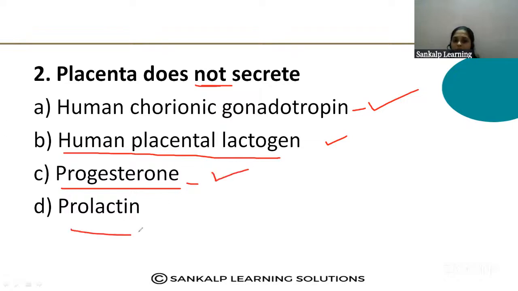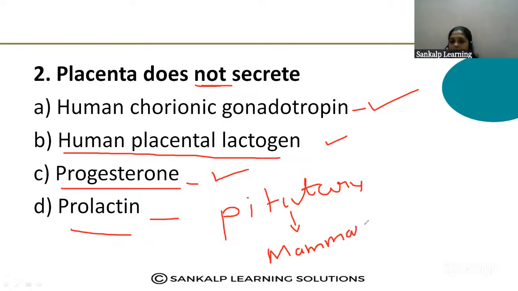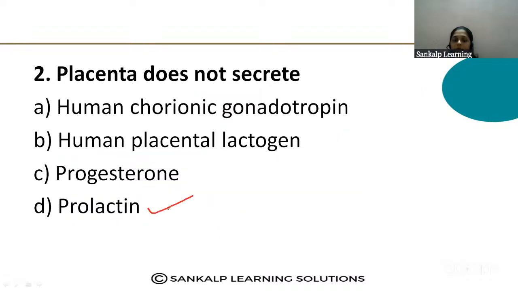But prolactin is released by the pituitary gland, which stimulates the mammary gland to produce milk. So the correct answer is prolactin. Note down the function of prolactin and from where it is secreted.